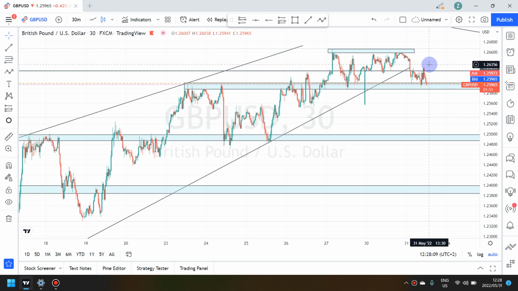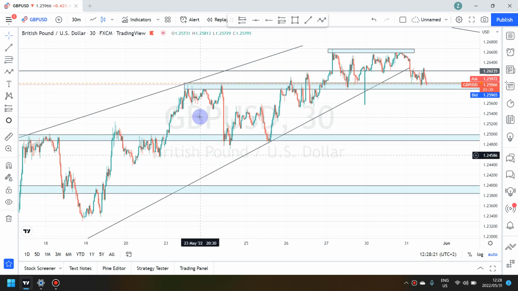Then from there we can take on the buys. So for now the main focus is for sells because it has broken out of the major bullish trend line, or major bullish structure.